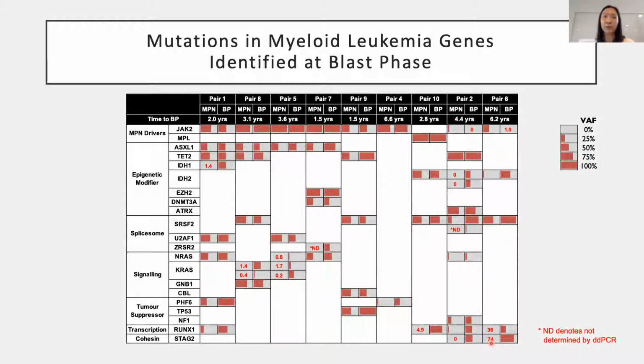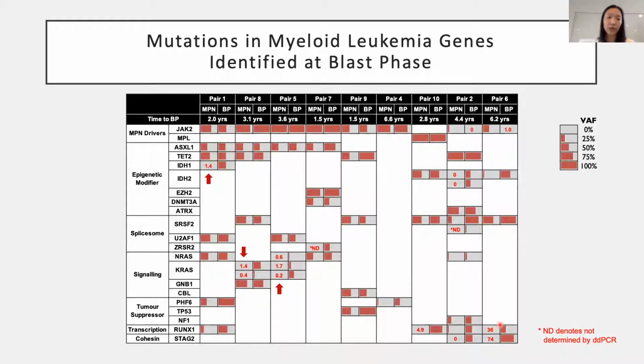However, in a sample that was available 5 months from diagnosis, we were able to detect high percentages of RUNX1 and STAG2 at 5 months prior to diagnosis. This is in contrast to our other samples, which were blast phase samples that were derived from an MPN clone, and in this case, this was from a non-MPN clone.